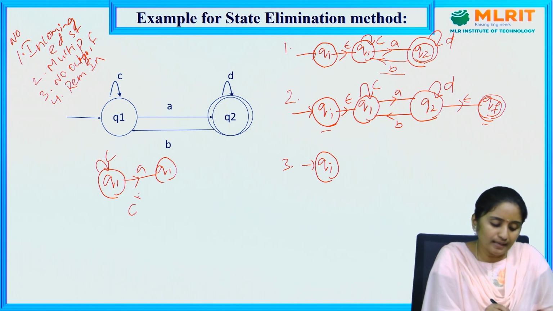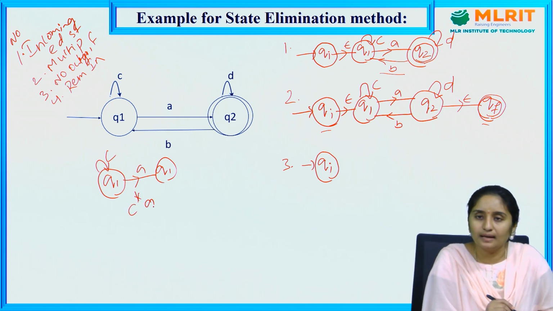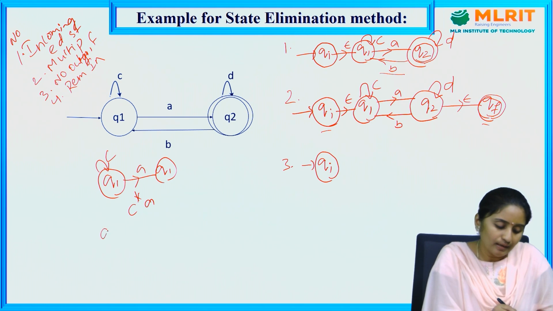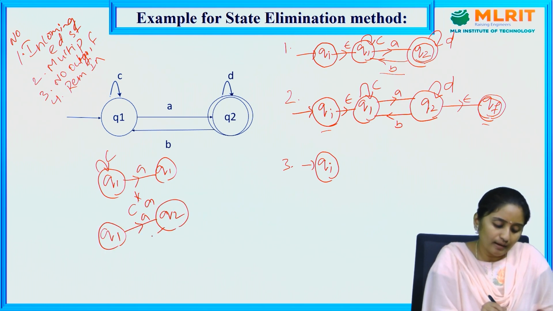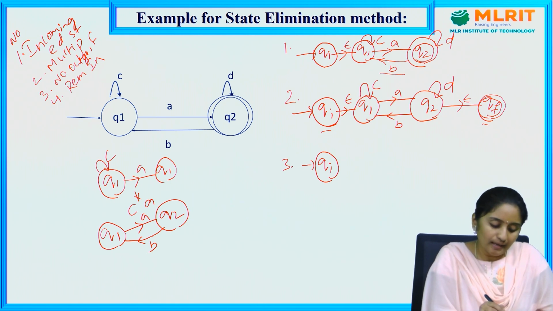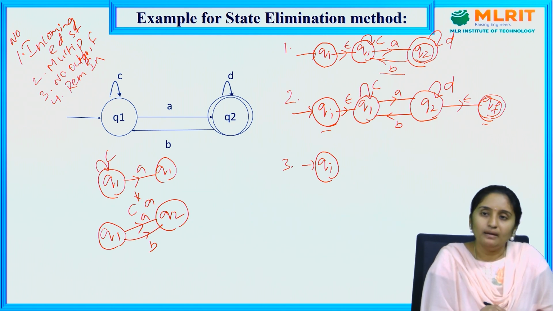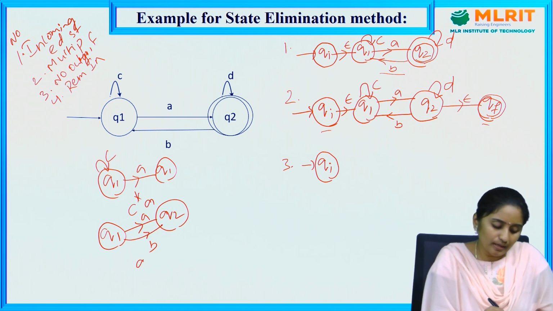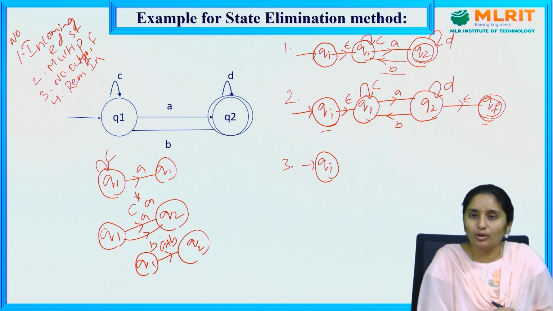I can write it as C star A. If I have Q1 to Q2 on A and on B, how can I write it? Nothing but either A or B. So I can read it as Q1 to Q2 on A plus B, A or B.